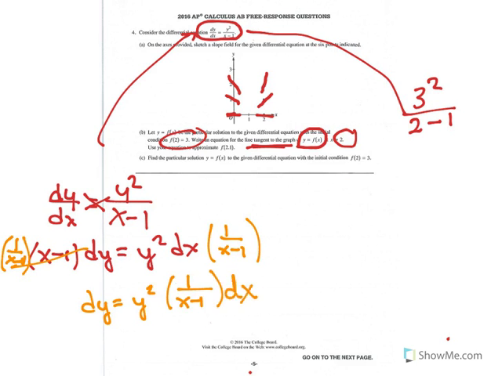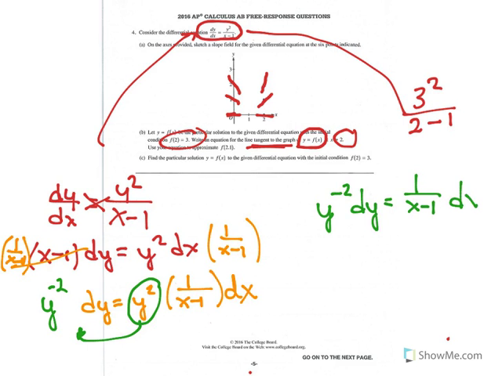Now I've got to do both sides by 1 over y squared. Or if you're like me, if I know it's y squared on this side, it's y to the negative 2 on the other side. I can just move it over, or I can divide both sides. And I've got y to the negative 2 dy equals 1 over x minus 1 dx.